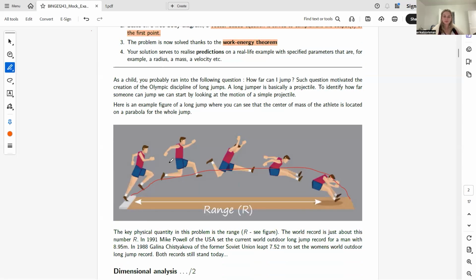Simply, you are observing a child trying to jump and getting a range, that is, a horizontal distance. So, as a child, you probably ran into the following question: how far can I jump? That is the question. Such a question motivated the creation of the Olympic discipline of the long jump.